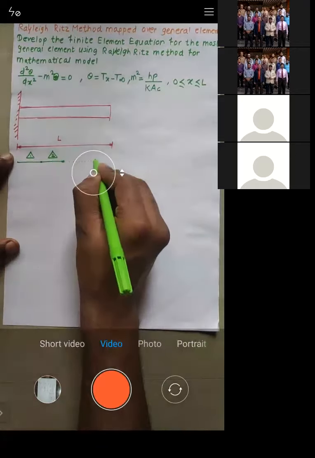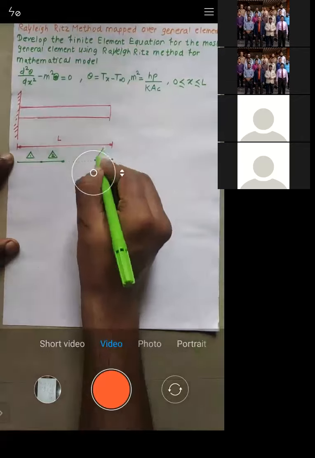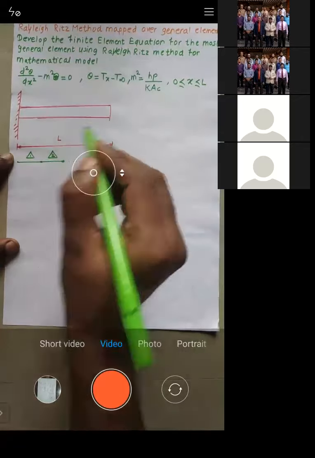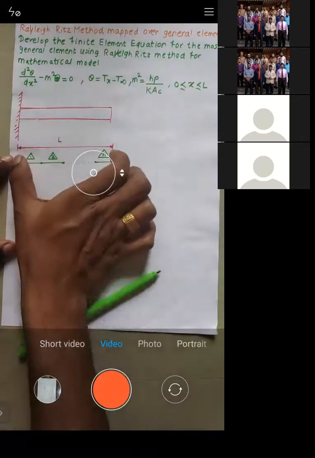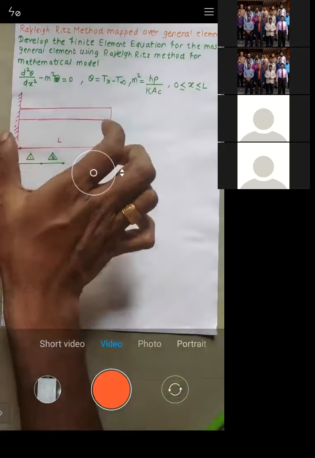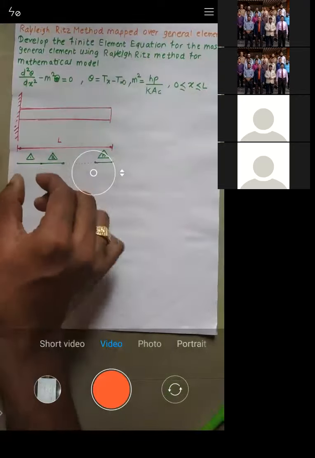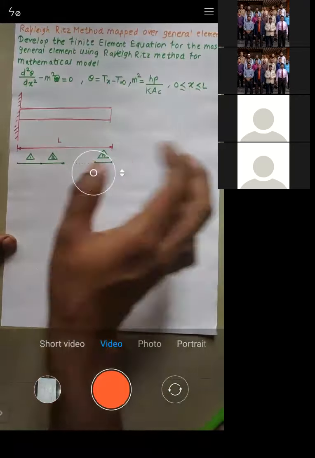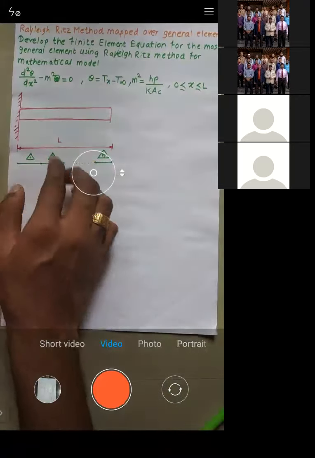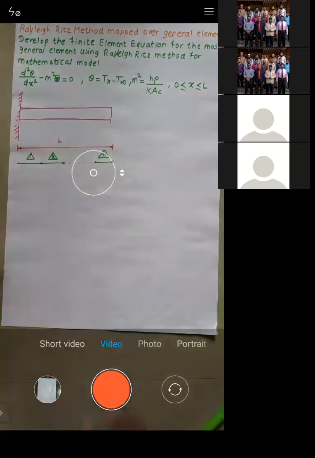Let's say we have a total of n parts. The total length is L, and I will divide this L into small parts, which are nothing but elements. So element number 1, element number 2, up to n number of elements.